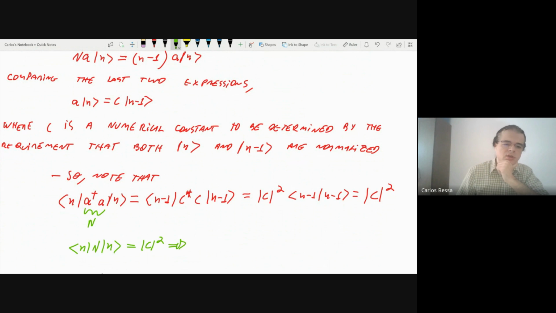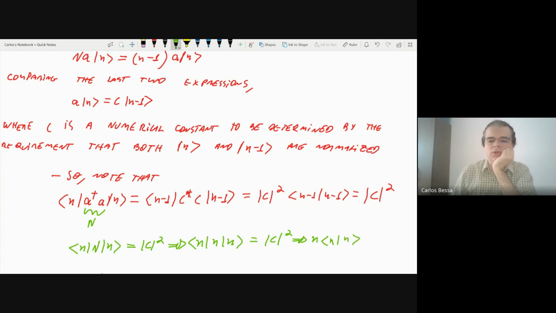So the eigenvalue is just small n, equal to c squared.